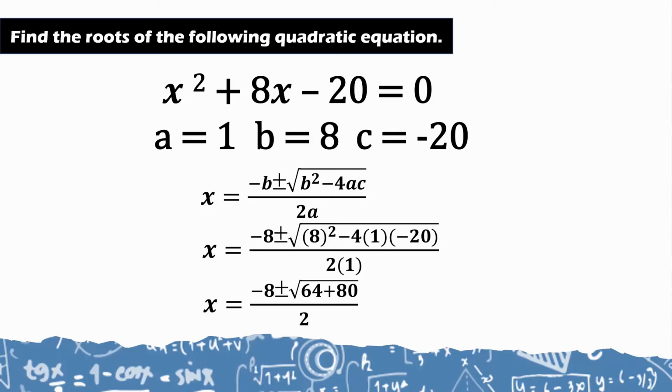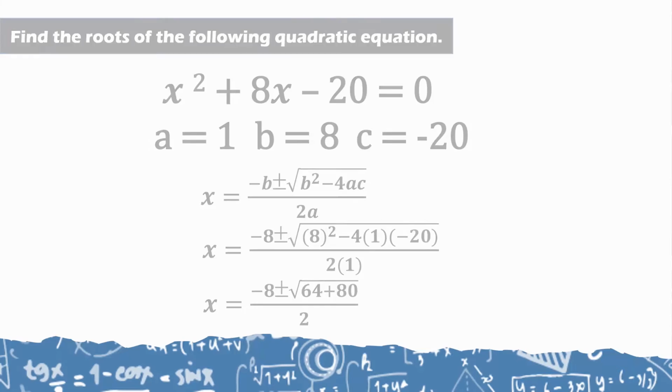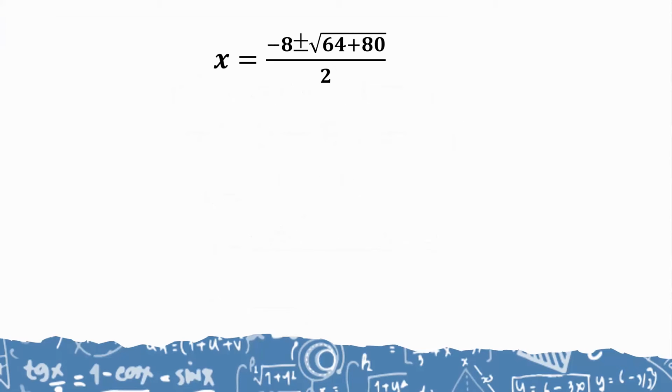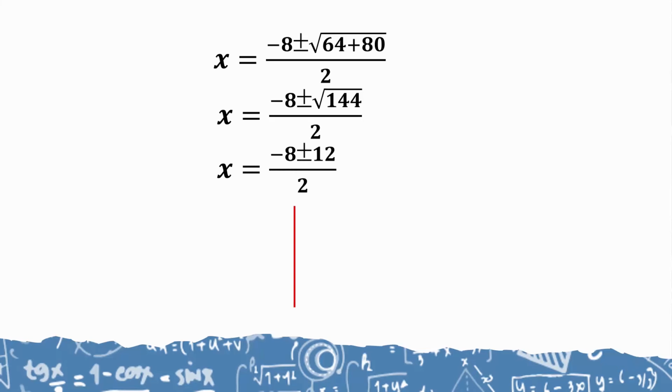Therefore, we have x is equal to negative 8 plus or minus the square root of 64 plus 80, all over 2. Simplifying the expression, we have x is equal to negative 8 plus or minus the square root of 144 all over 2, and that is equal to negative 8 plus or minus 12 all over 2.